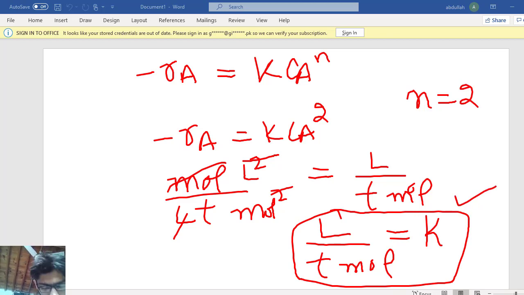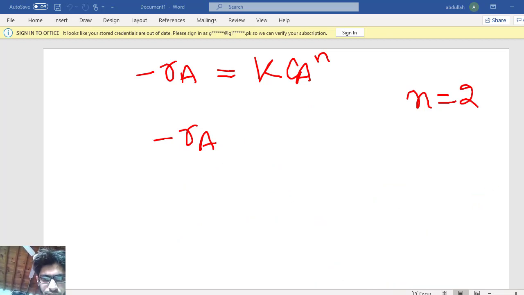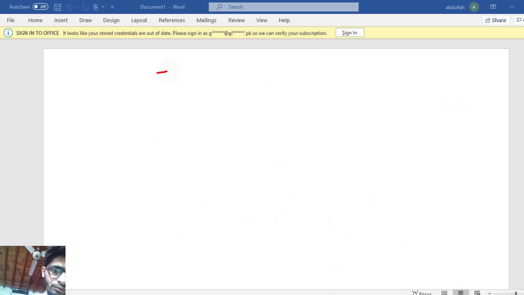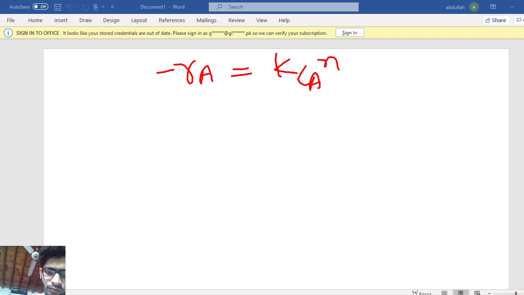Now for the case of general order reaction, or the nth order reaction, n is equal to n.